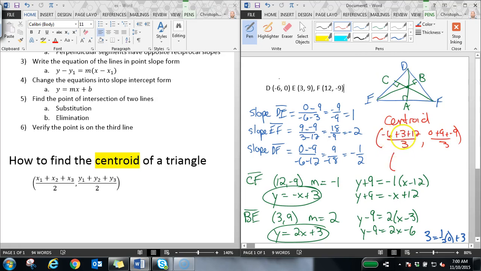So negative 6 plus 3 is negative 3, plus 12 is 9. 0 plus 9 plus negative 9 is 0. And we get a centroid of 3, 0. It happens to be the same here, but that doesn't mean it's always going to be.